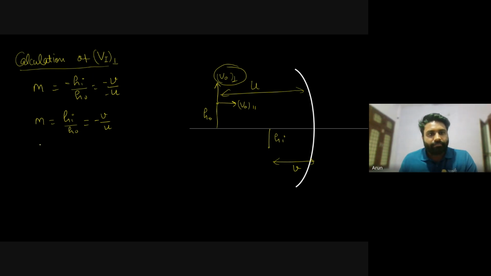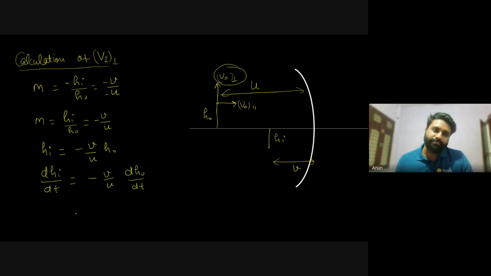Now I am just going to differentiate it with respect to time. So I would write HI is equal to minus of V by U times HO. If I differentiate this, keeping V and U as constant, I get d of HI by dt is equal to minus of V by U dHO by dt. This dHI by dt is the change of height of image with respect to time, which means the perpendicular velocity of image.